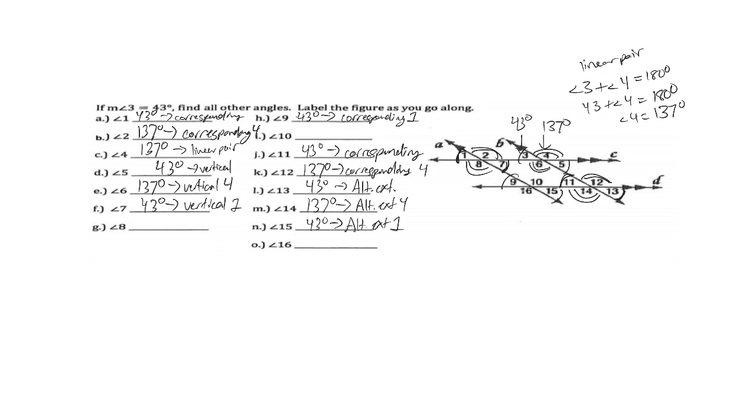Angle 8 is vertical to 2, so vertical to 2. 10 is corresponding to 2. You see I'm making the double arcs. That's to separate them from the single arc one.